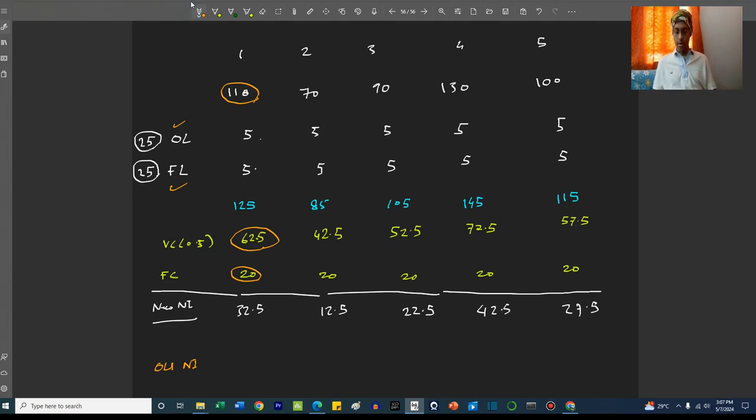This is 22.5. So you can see there is an increment of 5 crores in every one of the values.